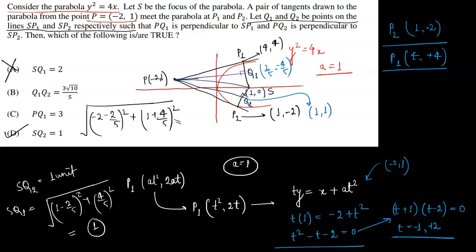So 1 by 5 will be outside, and under the root there will be 144 plus 81, so inside there will be 225. The root will come out as 15 by 5, which is equal to 3. So PQ1 is also correct. Similarly, Q1 and Q2 will also have 3 root 10 by 5 distance. You can simply calculate it, we have the coordinates here.